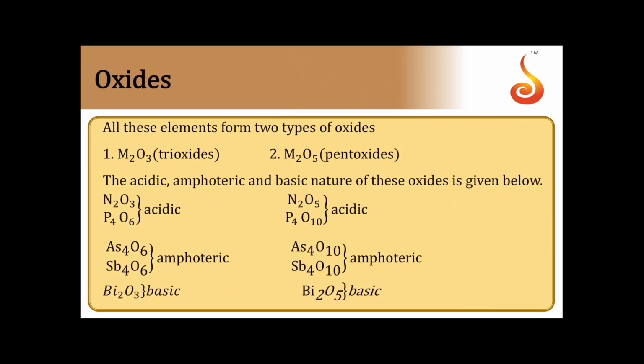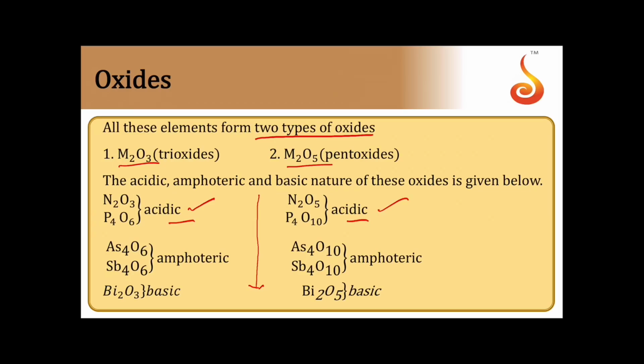This is regarding hydrides. All these elements form two types of oxides: trioxides M2O3 and pentoxides M2O5. And we know that down the group the metallic nature of these elements is increasing, thereby the basic nature of the oxides will be increasing down the group. So the first two are acidic in nature, both trioxides and pentoxides.